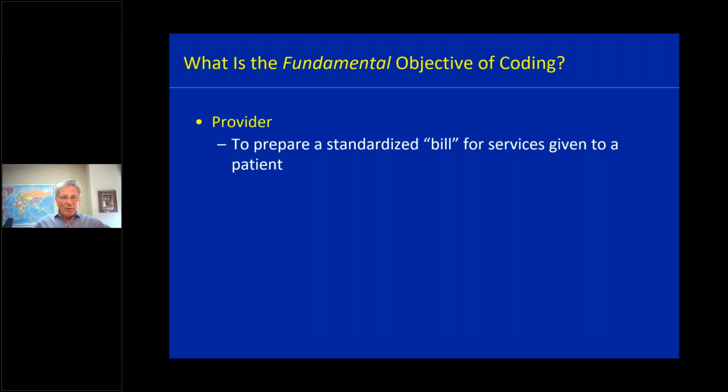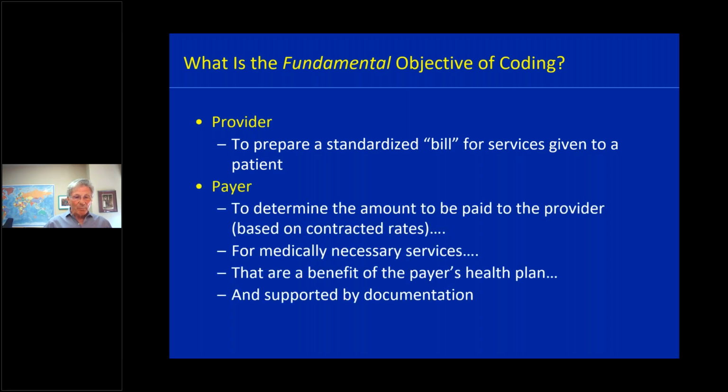So what are we really trying to do when we talk about clinicians doing coding and then for your biller to send off a claim to a payer like Medi-Cal or the Office of Family Planning? What we're trying to do from the provider end is to prepare a standardized bill for services that we've given to a patient.